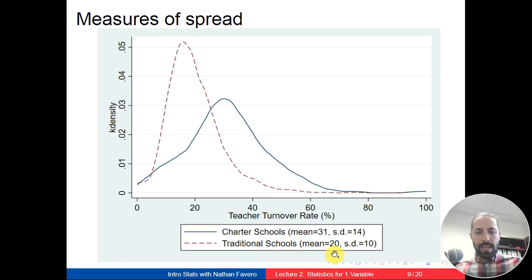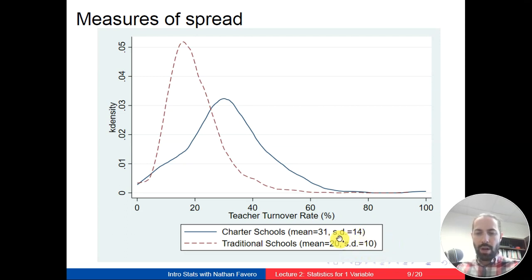What about standard deviation? This is a little bit harder maybe to wrap our minds around. We hear averages being talked about a lot just in newspapers and society, but standard deviations, that's not such a commonly described statistic, right? So what does it mean that the standard deviation is higher for charter schools than it is for traditional schools? 4 points higher.